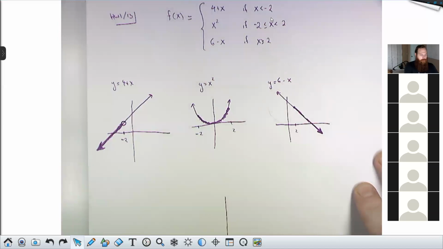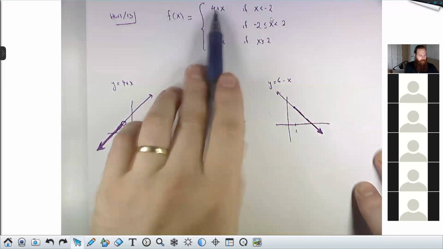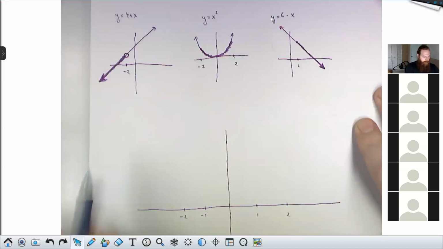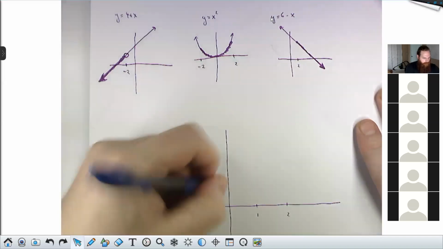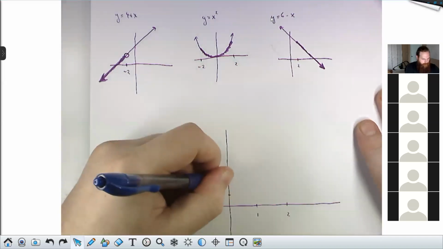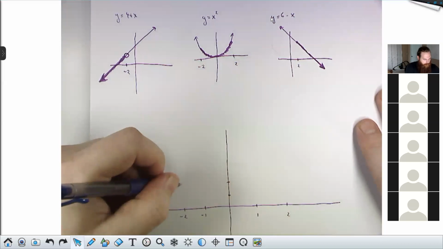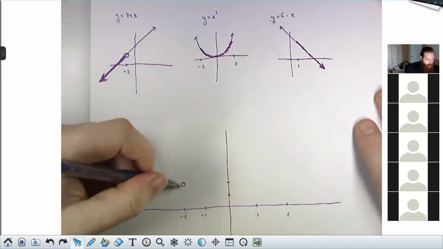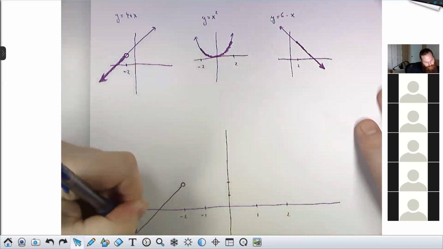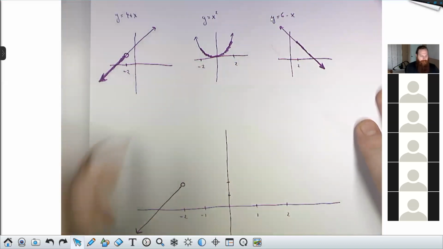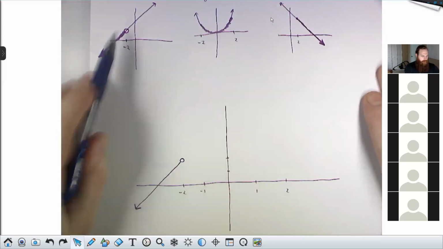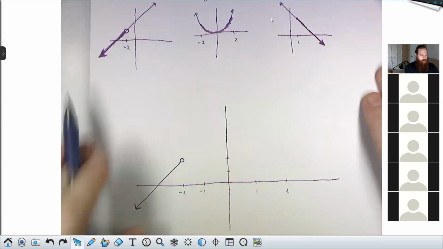Because at -2, I'm using this rule, not this rule. So I'll start with that. So that's this part of this guy here.